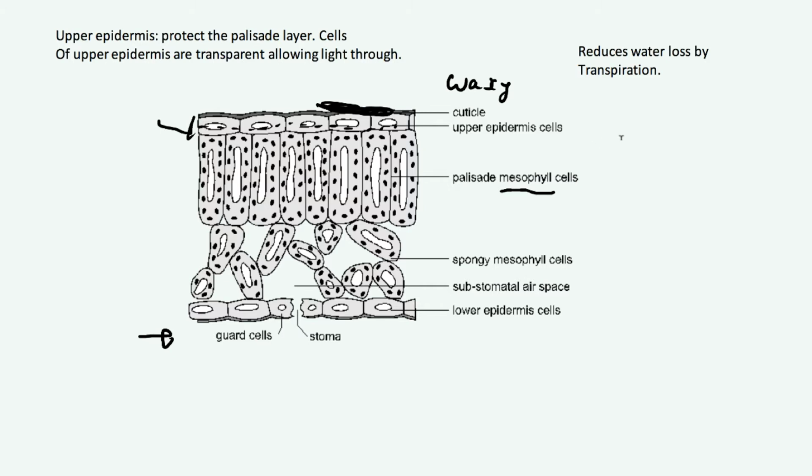Now, the palisade mesophyll contain many chloroplasts. Palisade cells contain many chloroplasts in order for photosynthesis to occur.